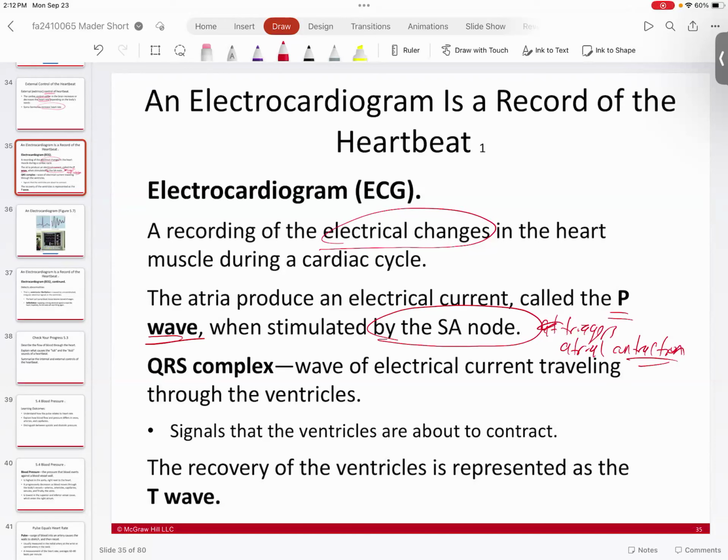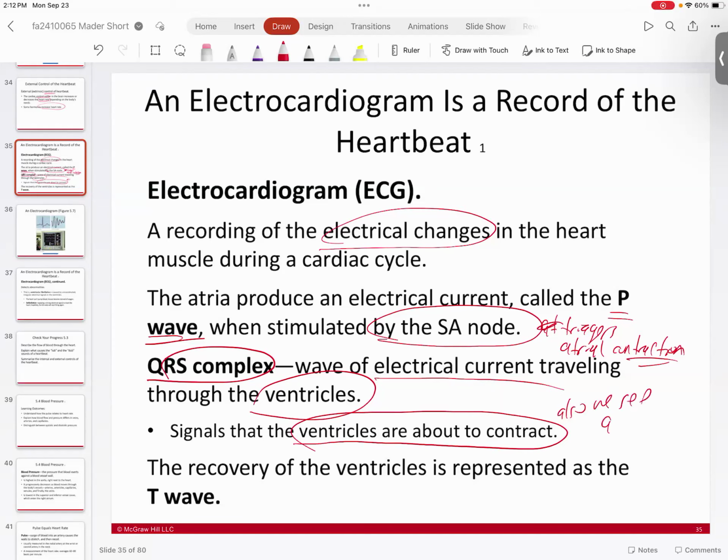Now, the next one is a complex curve called the QRS complex. And this is basically of the electrical signals that are traveling through the ventricles and also they're associated with the atria. Right? Generally speaking, we usually see the ventricles contracting under the QRS curve, but also we see atrial relaxation.